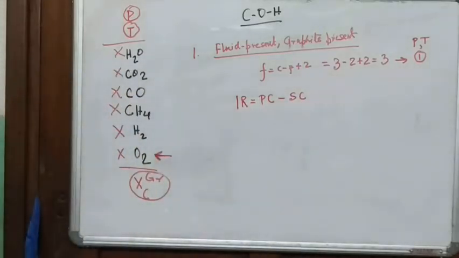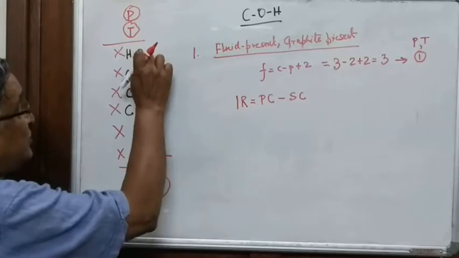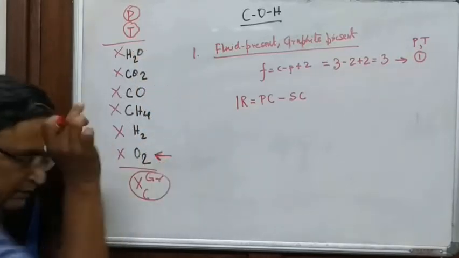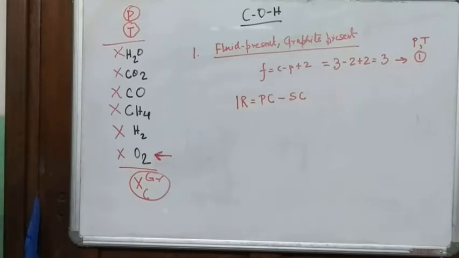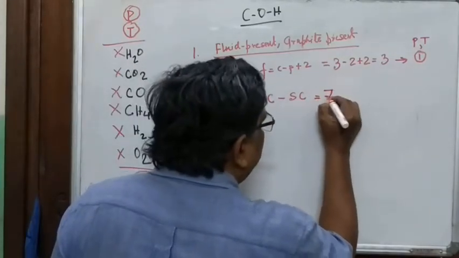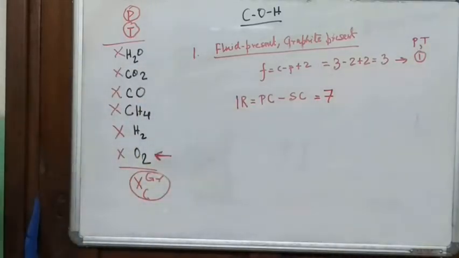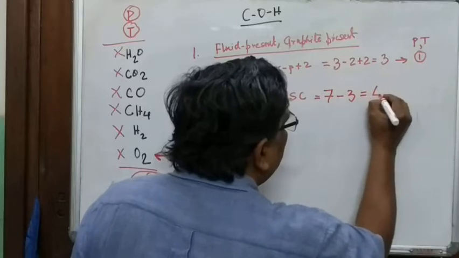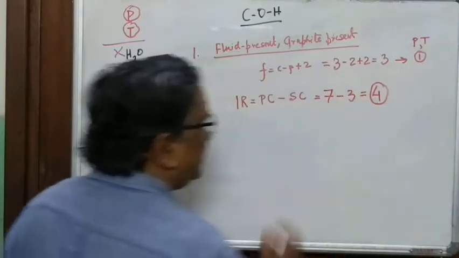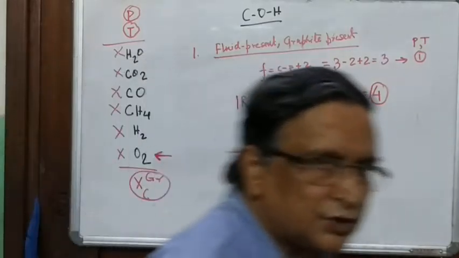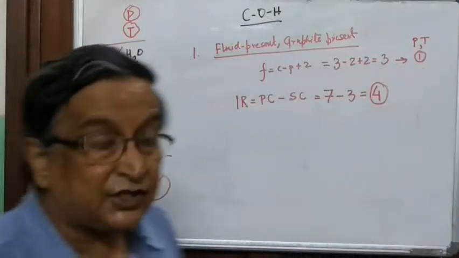How many are the phase components? 1, 2, 3, 4, 5, 6, 7. 7 phase components. So 7 minus 3 is equal to 4. There you go. So there are 4 independent reactions.